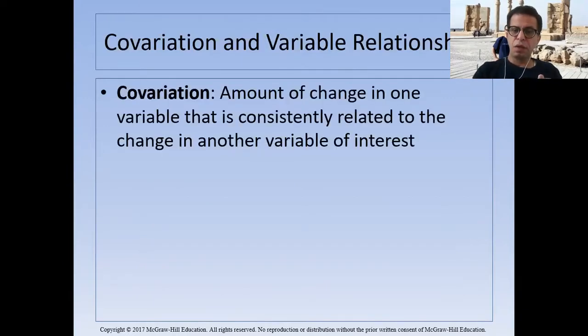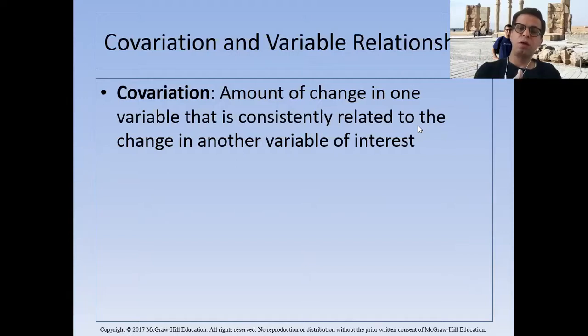Now, the covariation basically talks about the amount of change in one variable that's related to a change in another variable of interest. The best example: when you have $10, you probably go to Tim Hortons.